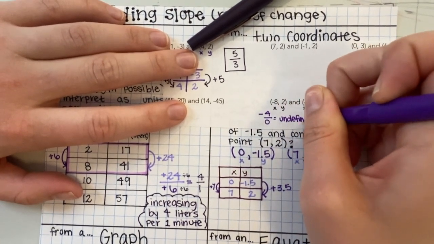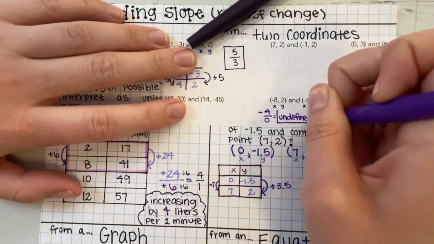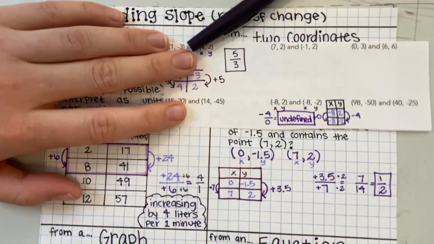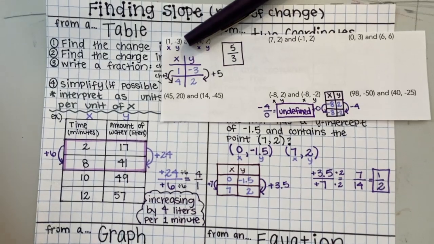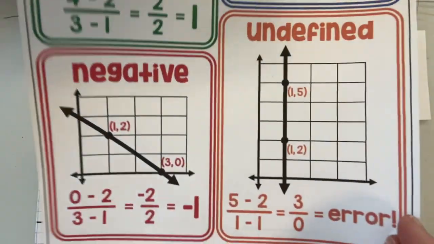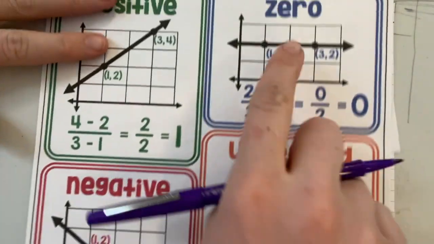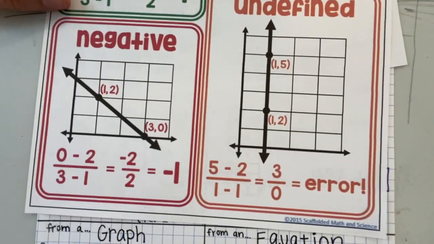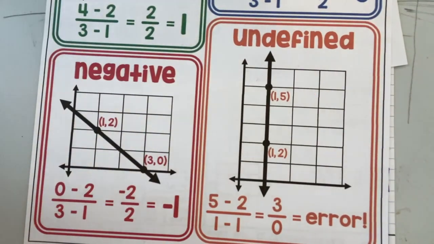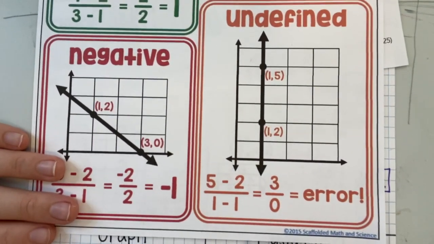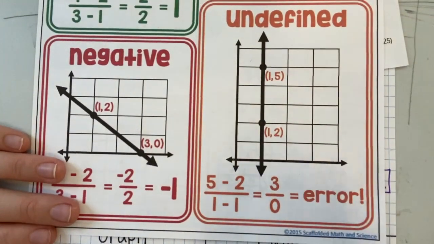So instead of having a number, you're just going to write undefined. So what that would look like is a vertical line. So before we were working with the slope of 0, which was our horizontal line, but an undefined slope when the denominator is 0, we've got a vertical line.